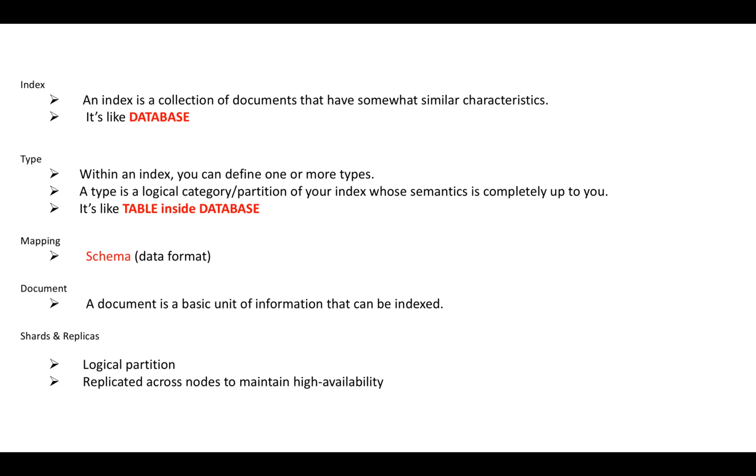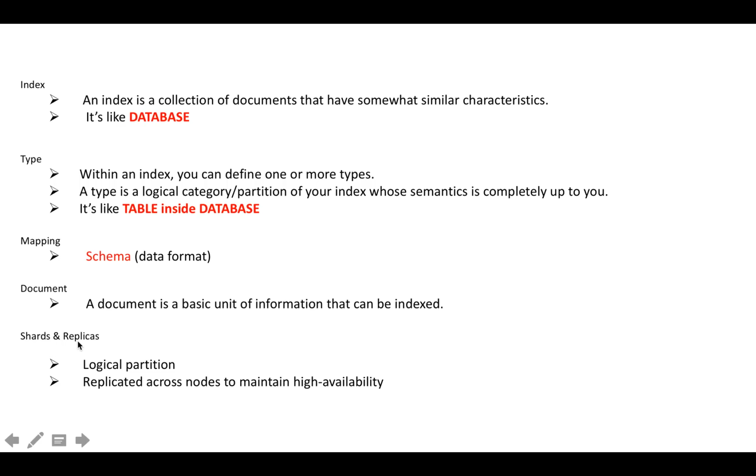You can define those things in advance, so that if anything other than that comes in, Elasticsearch will not take it. That's what mapping is. And finally, the document. The document is the actual piece of data which is going to be ingested, written into Elasticsearch, finally going to the index.